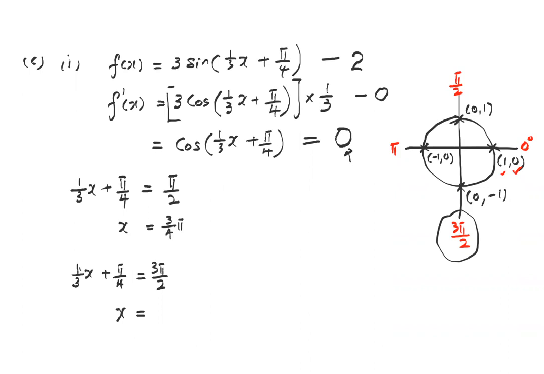So you take 3 divided by 2, take away 1 divided by 4, answer times 3. Change it to fraction, go to max fraction. So you got 15 pi by 4.